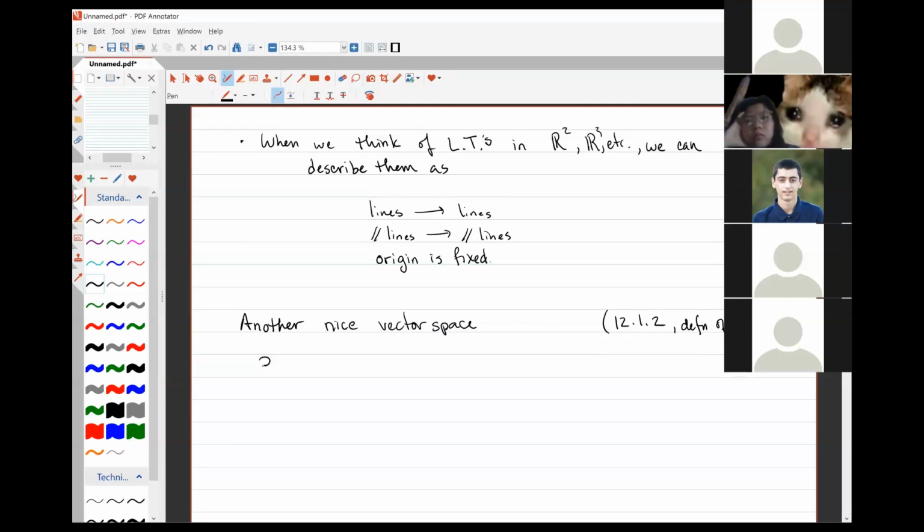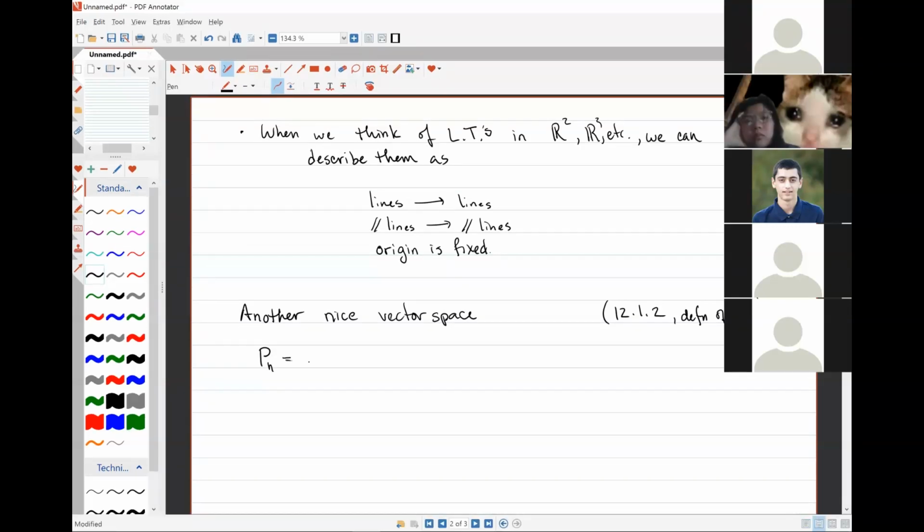So we'll take P sub n to be the set of polynomials in x of degree n. So for example, P2 contains polynomials like 1 plus x plus 3x squared and negative 2x plus x squared.